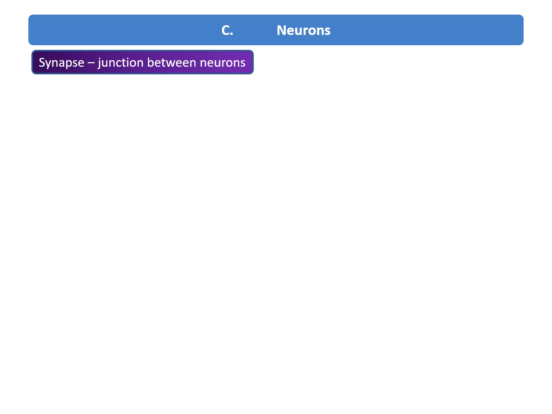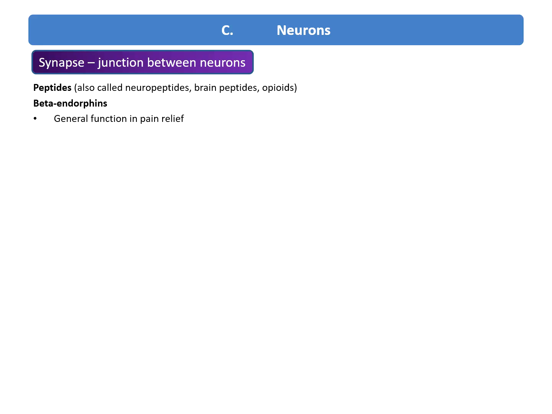Another group of synapses are those involving peptides. These are also called neuropeptides, brain peptides, or opioids. There's one called the beta endorphin. This is a group. General function is pain relief. It's located in the limbic system, the spinal cord, the thalamus, the hypothalamus, the brain stem, and the GI tract, the gut.